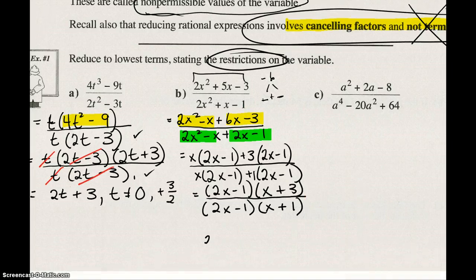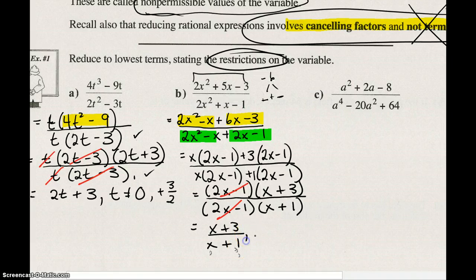Now I go ahead and I cancel out as I learned from yesterday. So 2x minus 1, 2x minus 1, that's great. I can't cancel out any terms, just factors. So my answer will be x plus 3 over x plus 1.